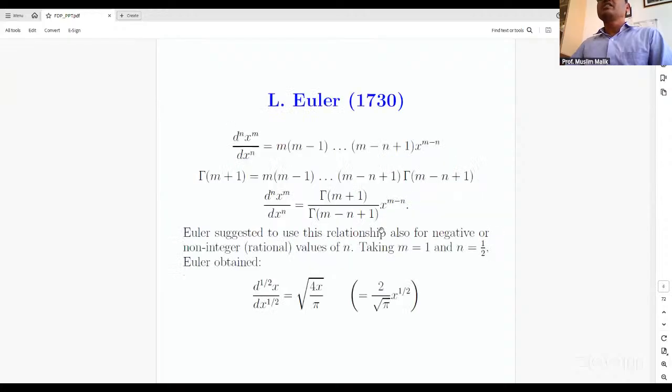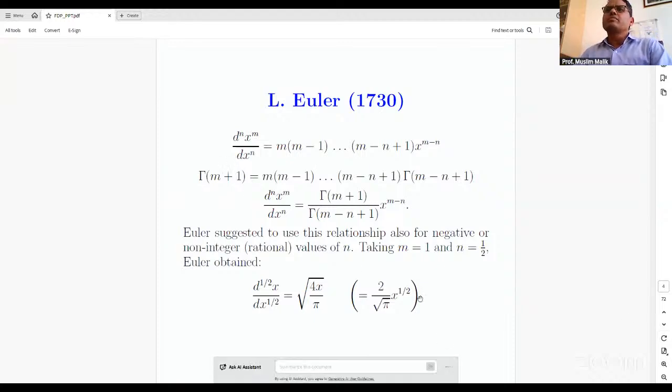After Leibniz, Euler was the first person who tried to find the fractional derivative of the function f, but he found the fractional derivative of the power function only. He was also not able to find the fractional derivative of a general function.